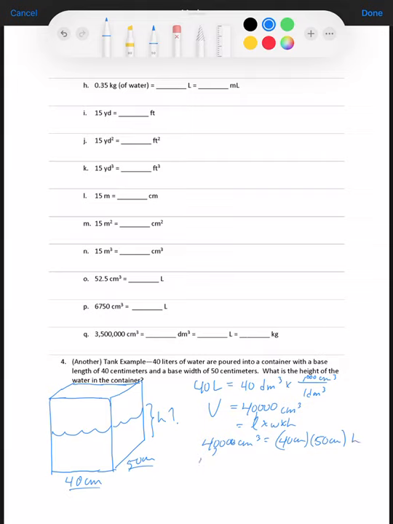So 40,000 centimeters cubed is equal to 40 times 50, well 4 times 5 is 20, and put the 2 zeros after that, 2,000 centimeters squared times height. So we divide both sides by 2,000 centimeters squared.